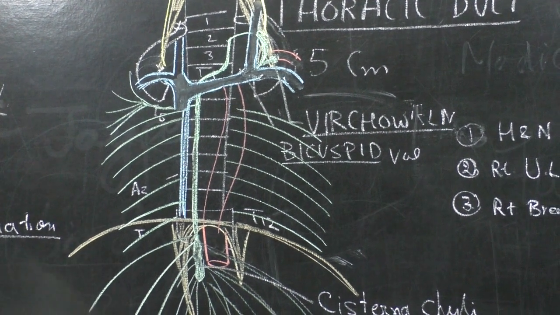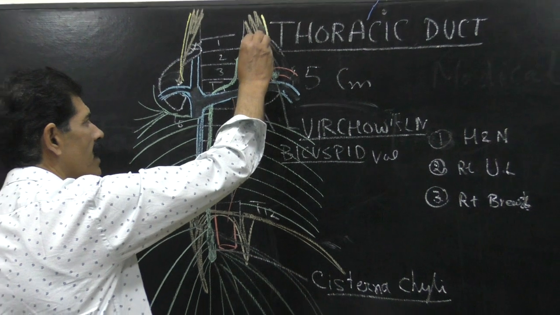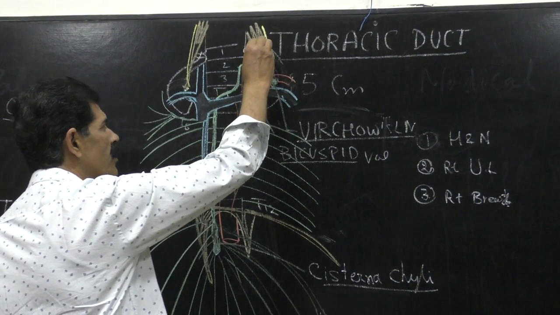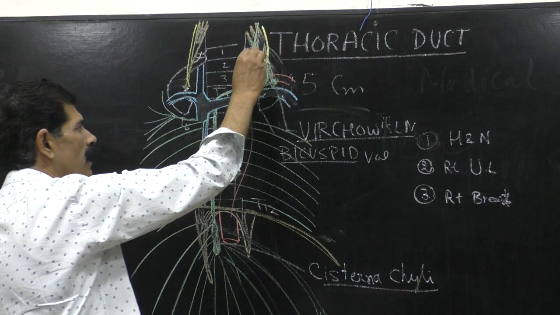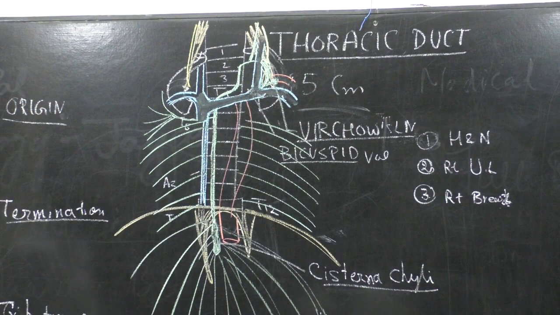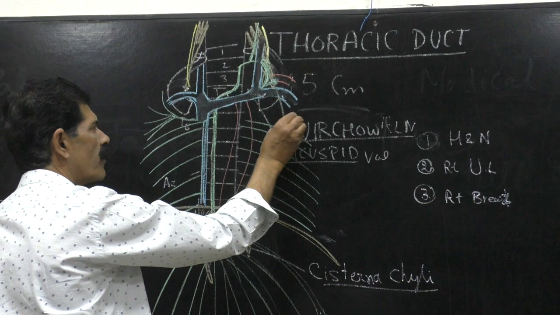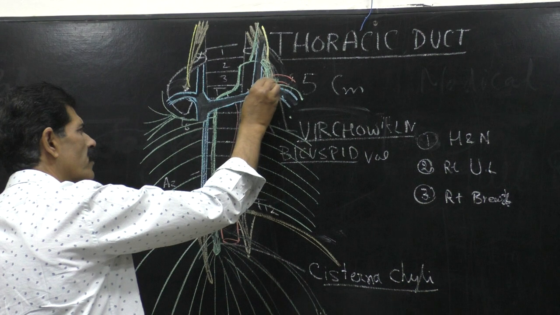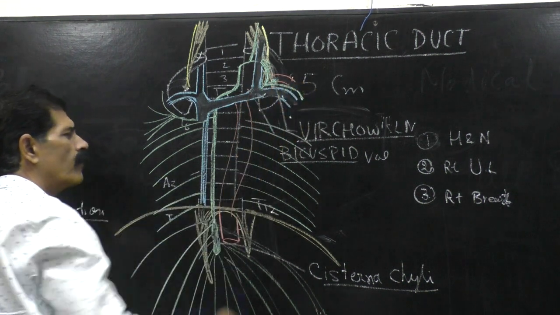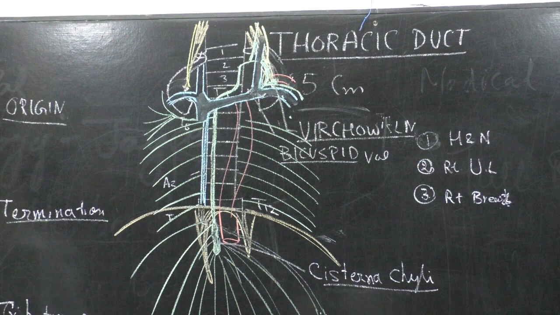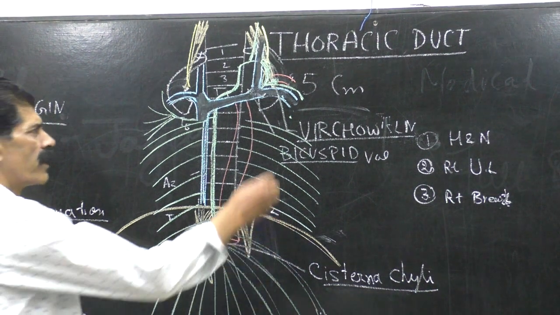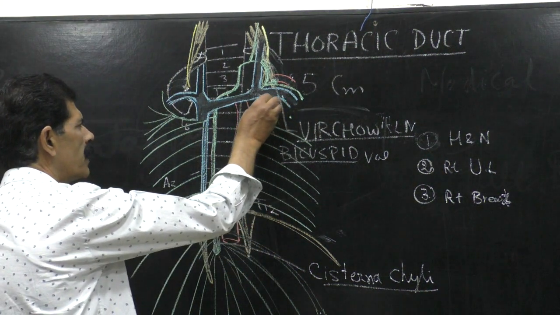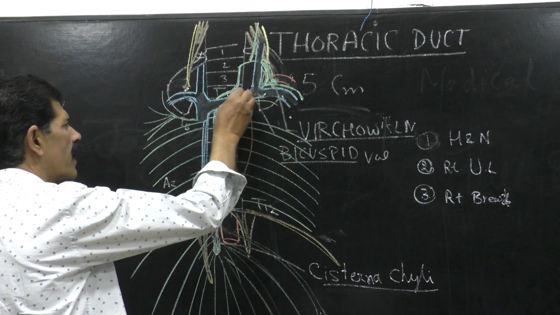Besides these, other tributaries may come along the internal jugular vein. They are called the jugular lymphatics, and they open into the thoracic duct. The lymphatics along the subclavian artery or vein may also open; they are called the subclavian lymphatics. So other lymphatics come from the neck region, which open into the thoracic duct. Then the lymphatics accompanying the brachiocephalic vein can also open into it.